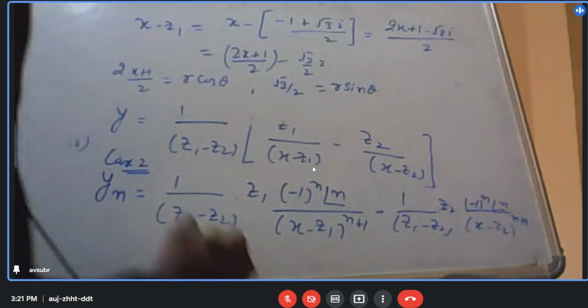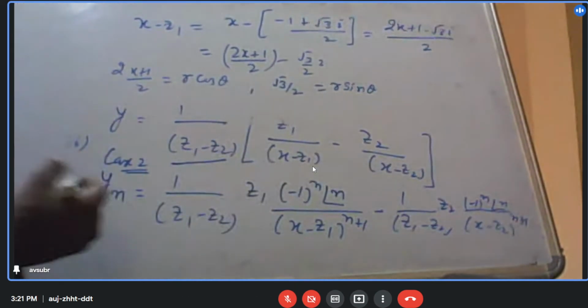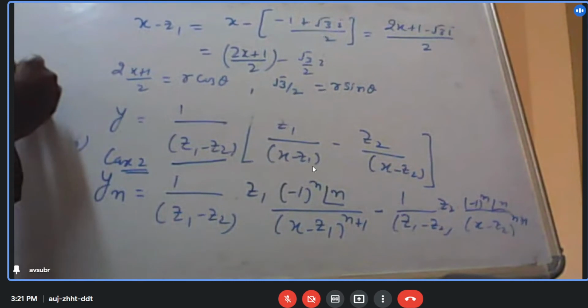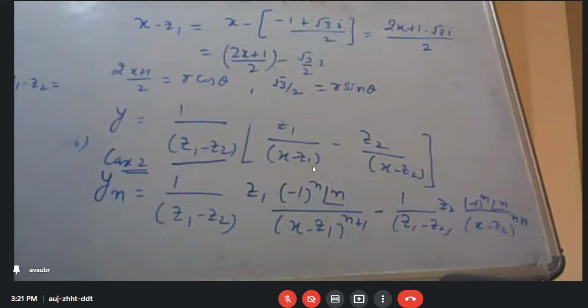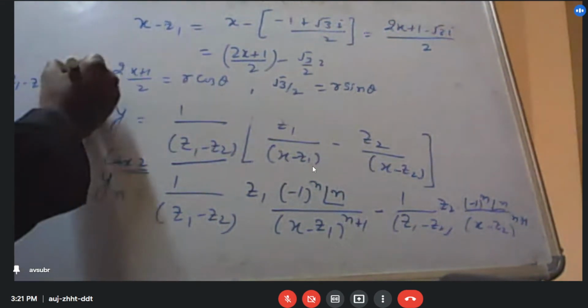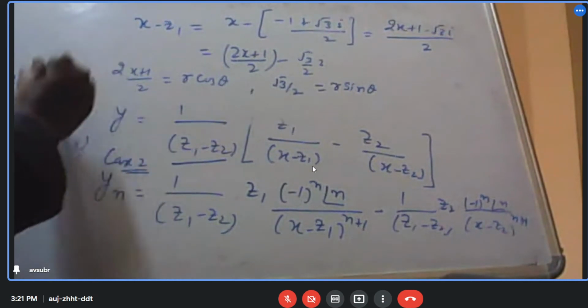One more thing I would like to find out, z1 minus z2. What will this z1 minus z2 be? It will be equal to root 3i.